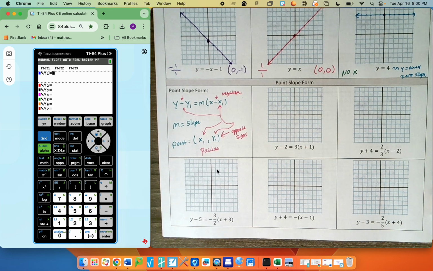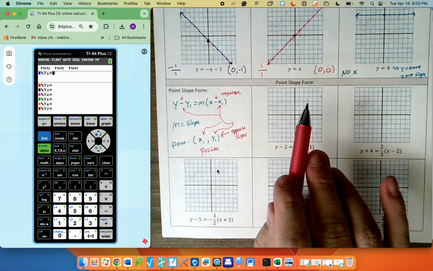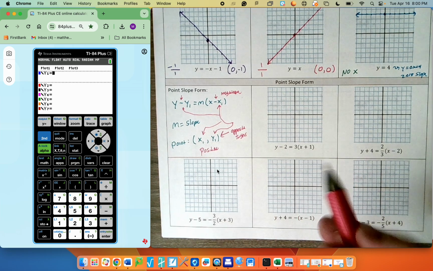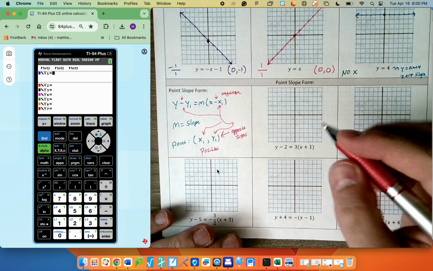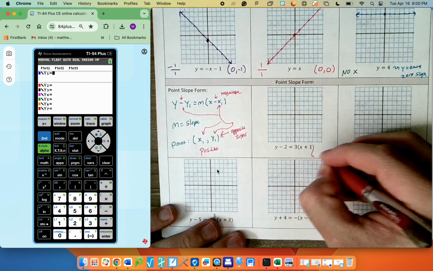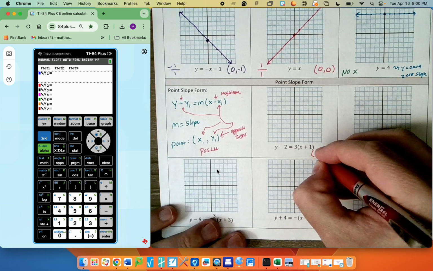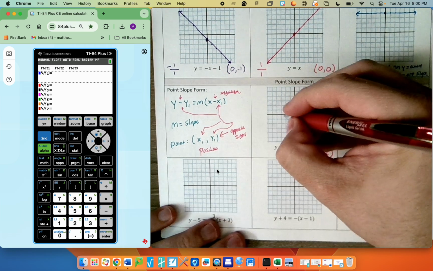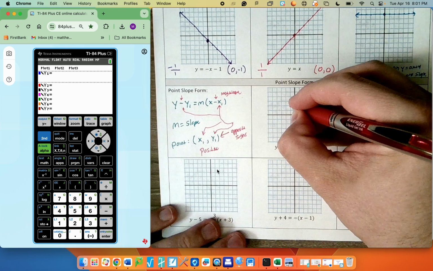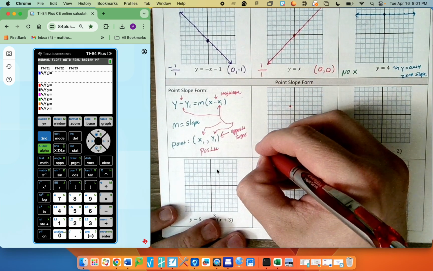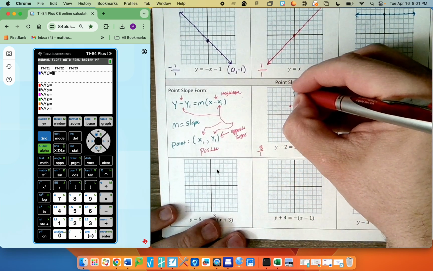So point slope form won't necessarily tell us the y-intercept. It's useful in case we have a line that the y-intercept is very, very large, but we still want to be able to graph it on this nice 6x6 graph that I give you guys. So we look at this one. Our point is -1, +2, with a nice slope of 3/1.